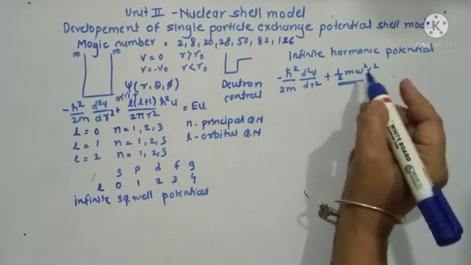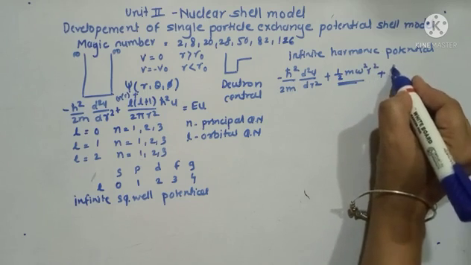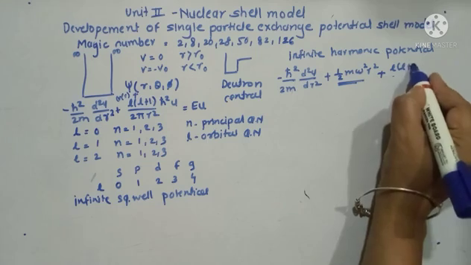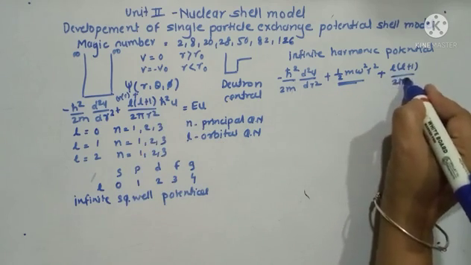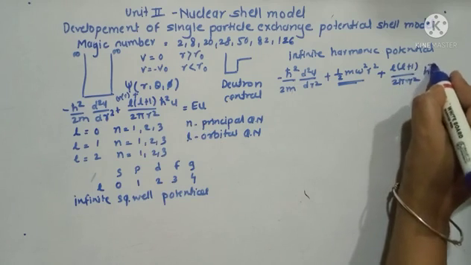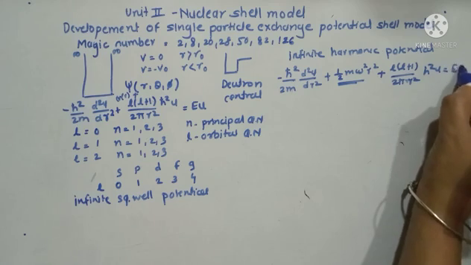So this is the harmonic potential. This is the non-central part which is also present in this equation, 2 m r square h cross square u is equal to E u.